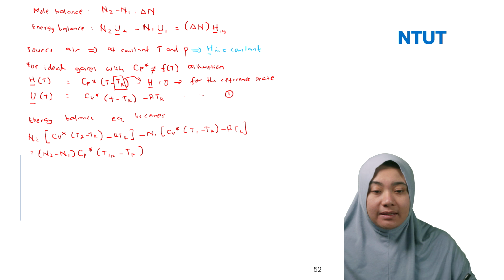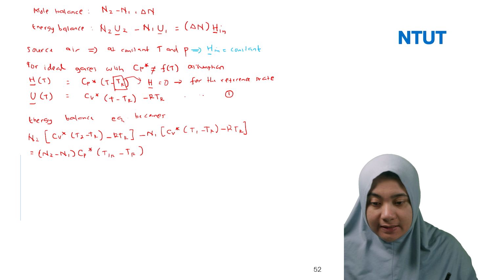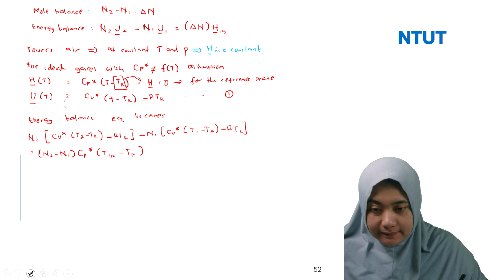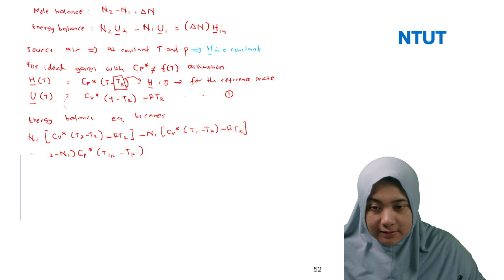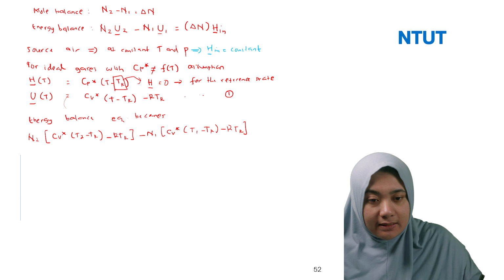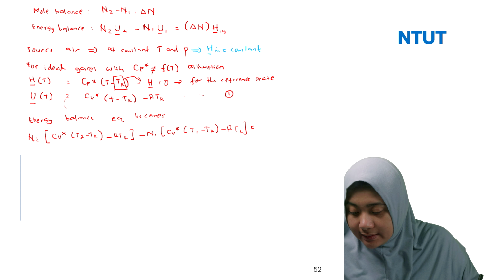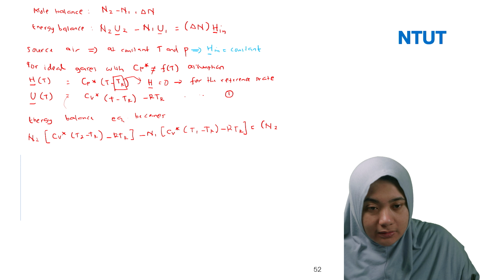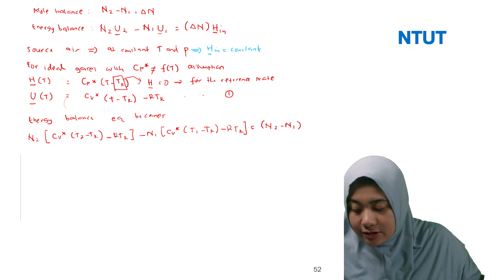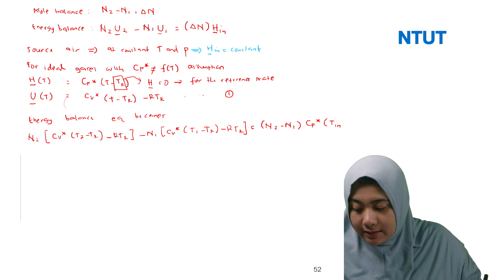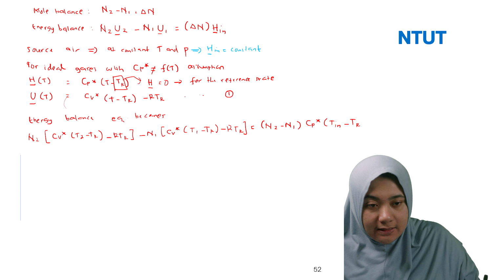I think it's easier if I write it beside. Let me find the space. Okay, to make it easier to understand, I just write here in one equation, N2 minus N1 times Cp asterisk (T in, the inlet temperature, minus Tr).